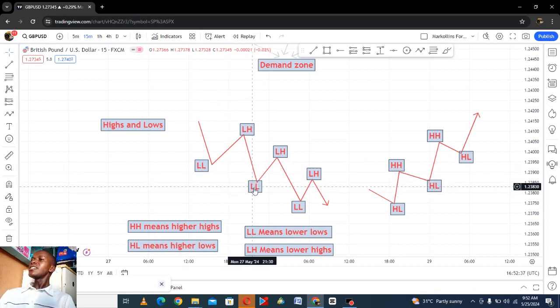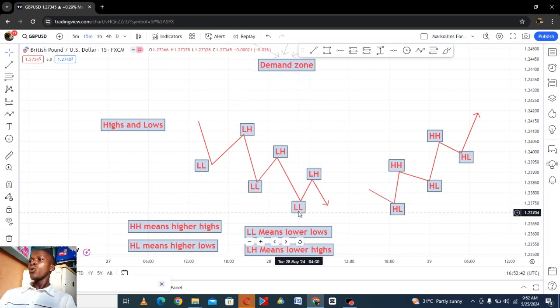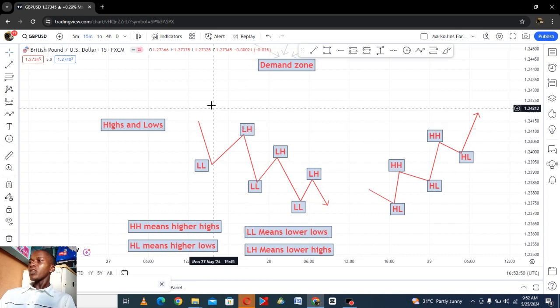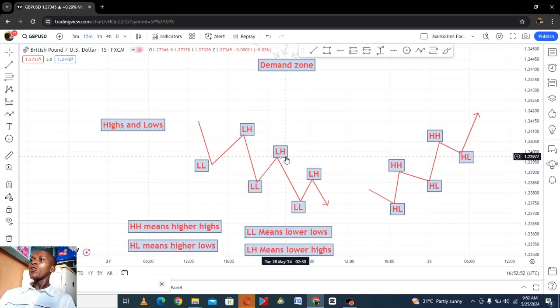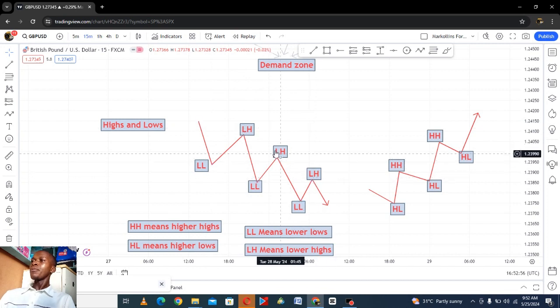This means that this low is lower than the previous low, and this low is lower than this previous low. When you talk about lower high, this is a high, but it is lower than the previous high, and this one is lower than the previous high.